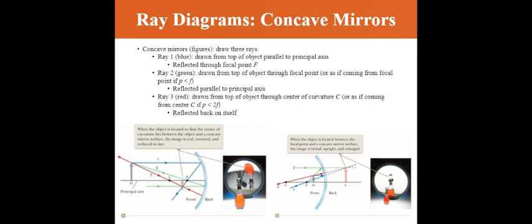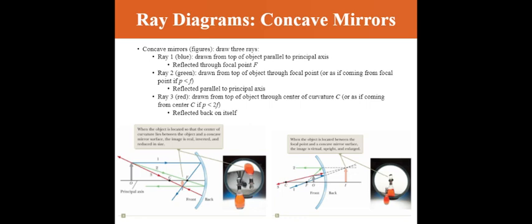So if you have a concave mirror, once you establish your object, focal length and center of curvature, you're going to draw 3 rays. The first one, shown in blue in either drawing, is going to be parallel to the principal axis, and it's always going to reflect through the focal point.